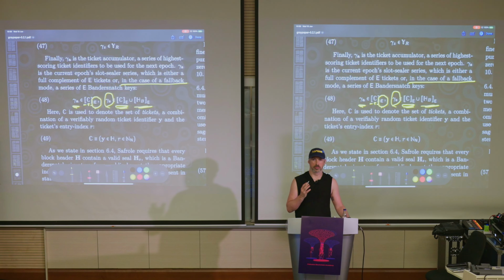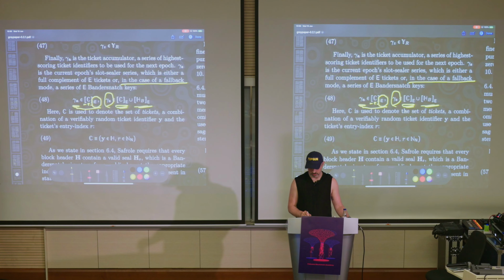Colon just means up to 600. So it's a sequence of up to 600 tickets. And then here we have a sequence of exactly 600 tickets, or a sequence of exactly 600 Bandersnatch keys.